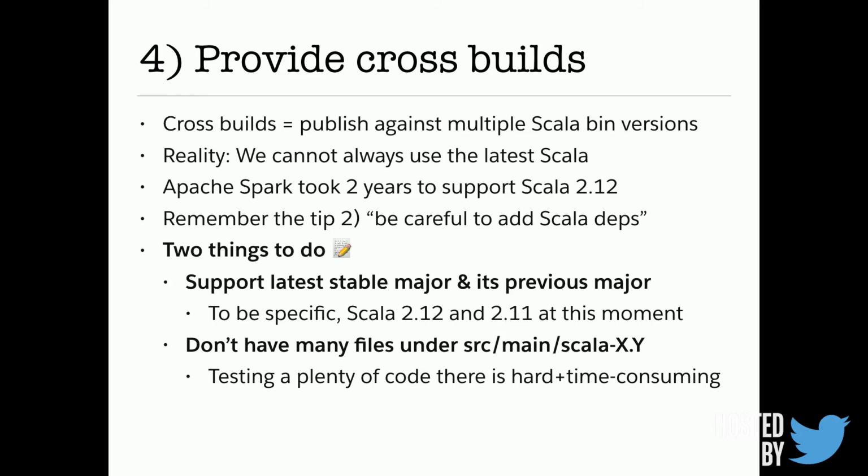Because if you have plenty of code under those directories, testing all cross-builds can be very hard or very time-consuming, because it's not only switching the binary version, but also you need to test the quality of the different implementations.